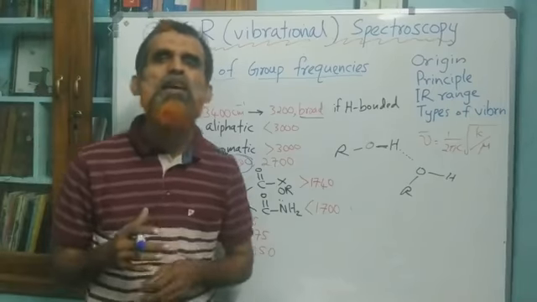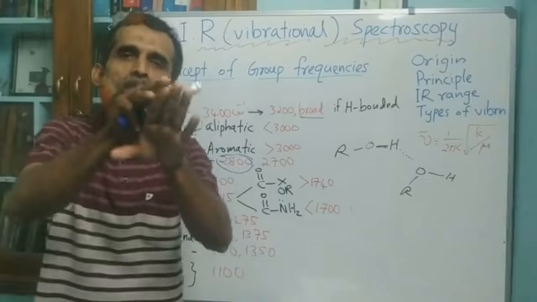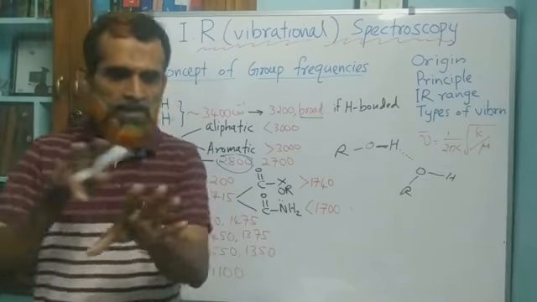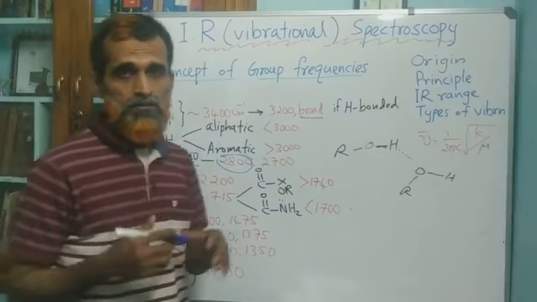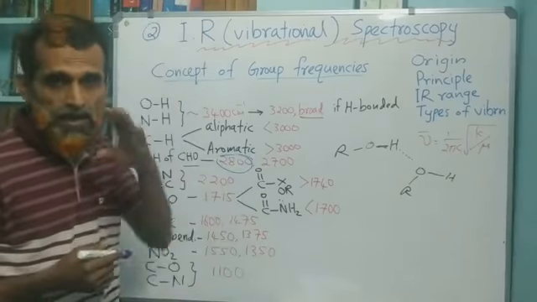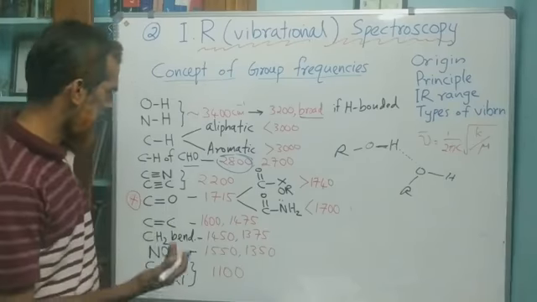There is another difficulty in interpreting an IR spectrum, that many peaks may get overlapped. You may see only 1 peak instead of 2, so you have to be very keen in interpreting an IR spectrum. We will discuss IR spectrum examples in the coming class.